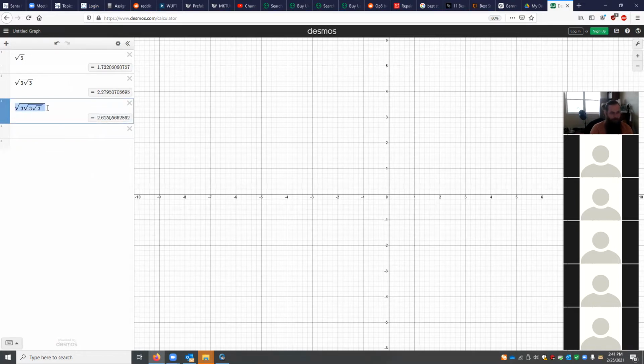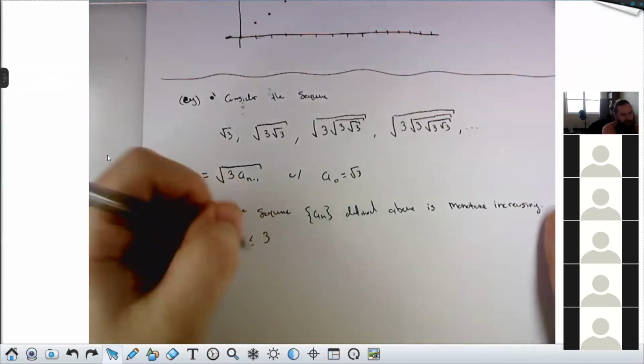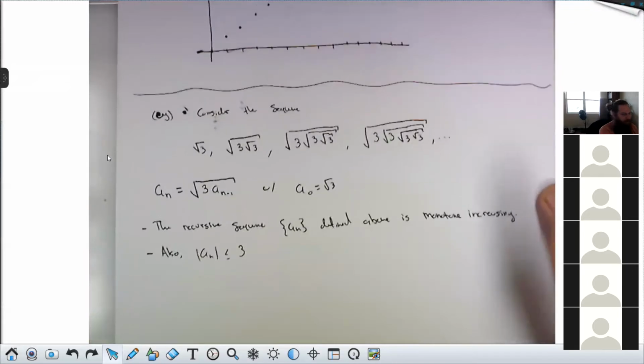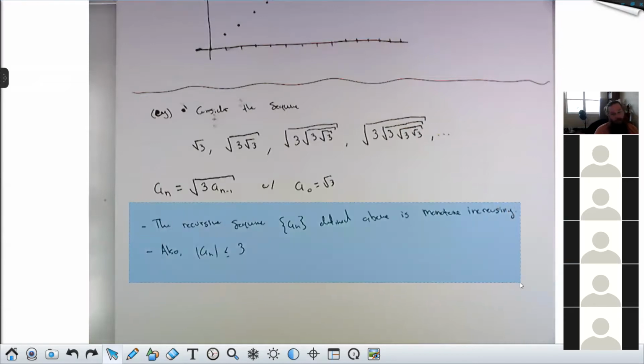And if we keep going like this, you'll see that these are always bounded above by 3. Proving either of these things is a little bit tricky. And for that reason, what I'm showing you here is kind of silly. They don't make for very good problems unless I tell you that these things are bounded and monotone.